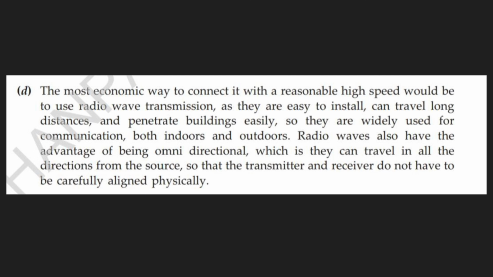The most economic way to connect with reasonable high speed would be radio wave transmission, as radio waves are easy to install, can travel long distances, and can penetrate buildings, so they are widely used for communication both indoors and outdoors. Radio waves also have the advantage of being omnidirectional, which means they can travel in all directions from the source, so the transmitter and the receiver do not have to be carefully aligned in the same line.